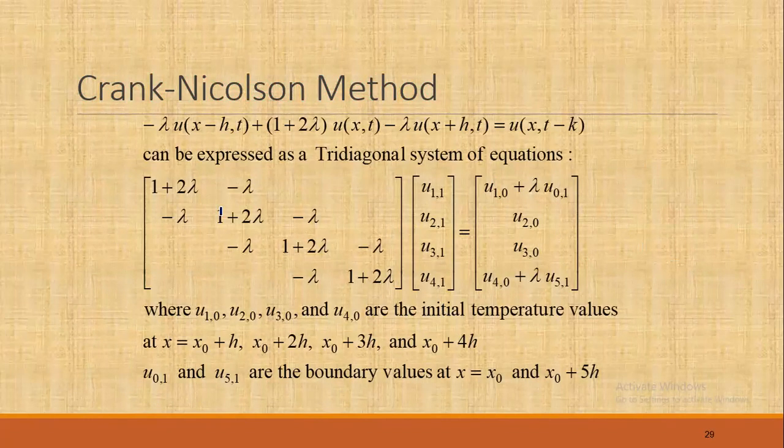Now we convert this into a tridiagonal system and we get this form: (1 + 2 lambda) u11 minus lambda u21 is equal to u10 plus lambda u01. Then minus lambda, 1 plus 2 lambda, minus lambda, with u11, u21, u31.